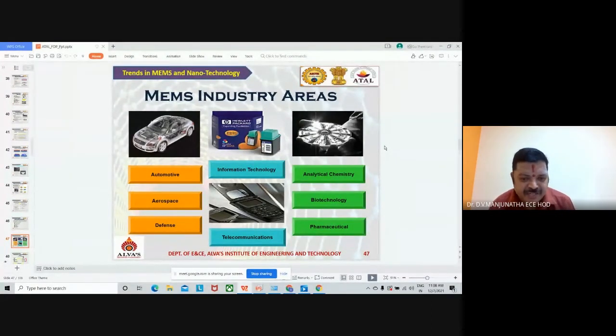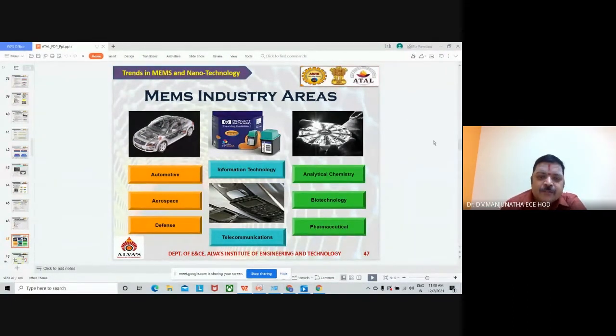You have seen etching. Selectively, you can etch out some materials by using wet etching or dry etching. And then once the etching is done, you expose the wafer to drying. Once you do the drying, then you can use it for applications, right? So these are all the methodologies used in foundries.